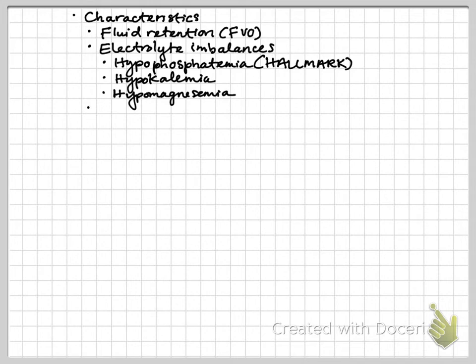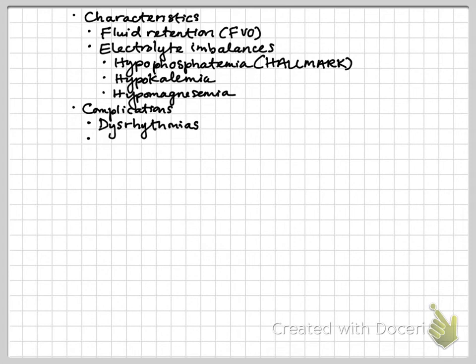Some complications, actually, going to move one over, would be honestly associated with those electrolyte imbalances, so that would be dysrhythmias, because we know if we're hypokalemic, we're at risk for cardiac dysrhythmias.